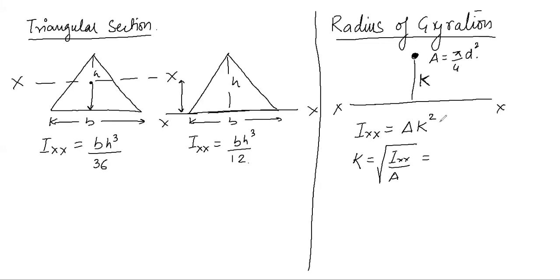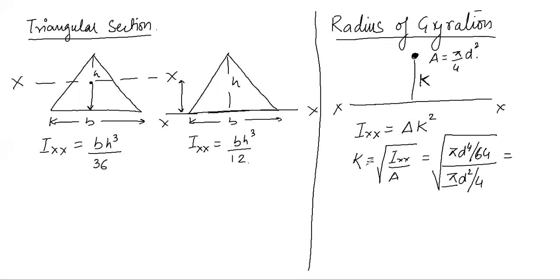Now, if it is a circle, what will the moment of inertia Ix be? Pi d to the power 4 by 64 upon the area, pi d square by 4.